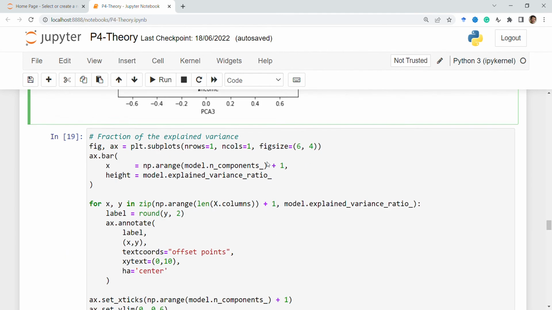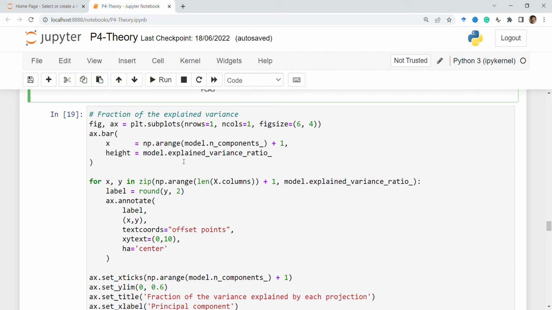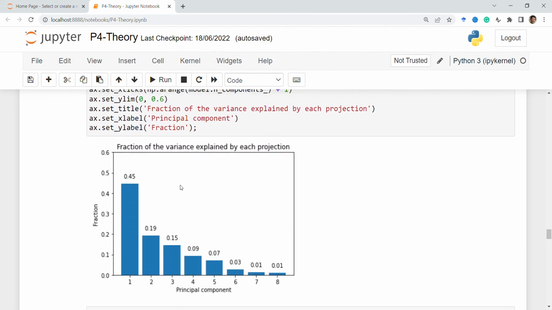Okay, so now another interesting analysis that we can do with PCA is to see how many independent sources of information we have. For doing that, what we look at is the explained variance. The first component, the separation between rich and poor countries, accounts for 45% of the variance.